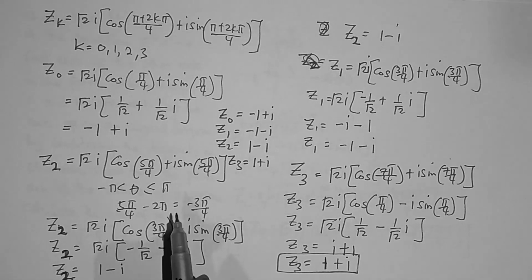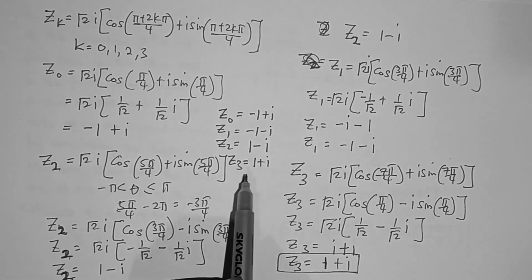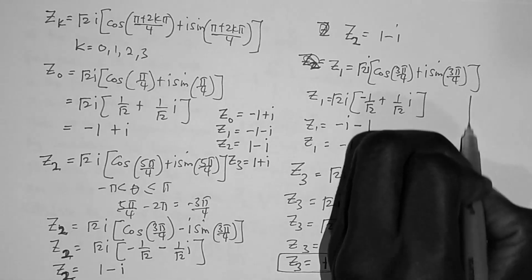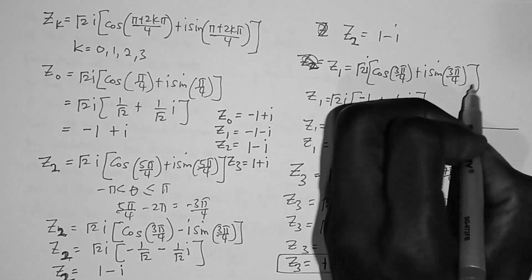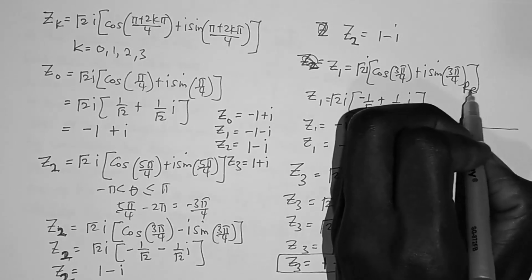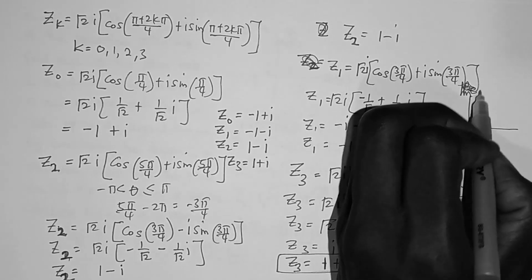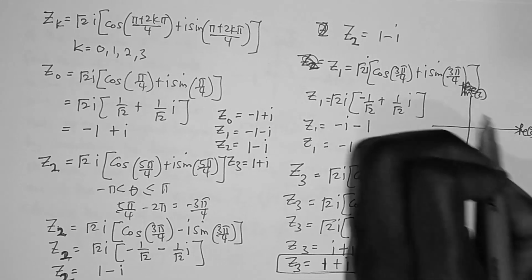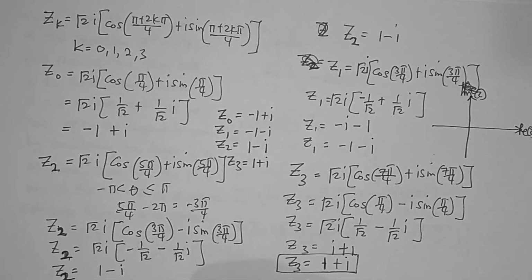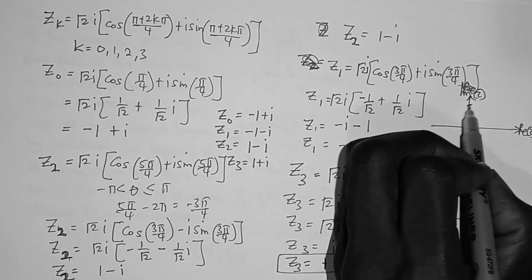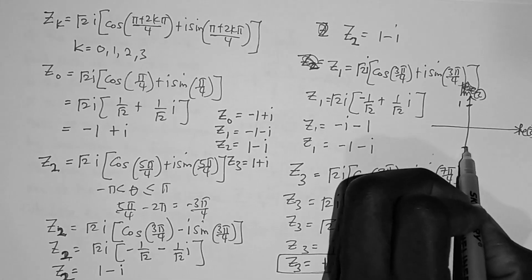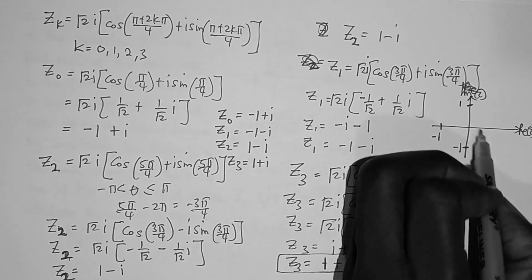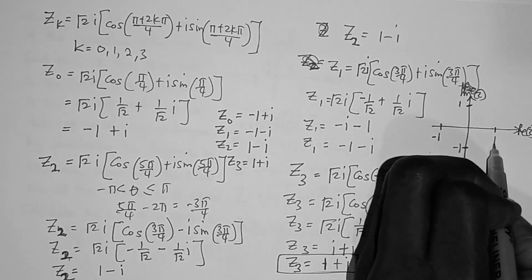Now let's represent these 4 on an Argand diagram, because that was what the question said we should do. So let me sketch the Argand diagram here. This is the imaginary part of Z, and this is the real part of Z. So let's assume here is 1 and here is minus 1, and here is minus 1, and then here is 1.